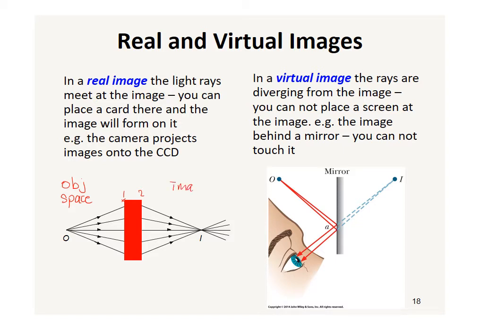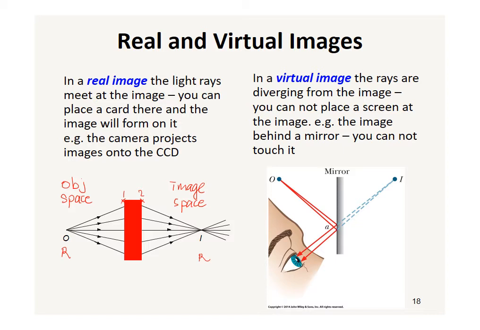And on the other side, we can have our image space. So to the left of interface number 1, we can put a real object, and we can project a real image onto a screen if it's on the right of interface number 2. Both of these spaces, the object and the image space, also have virtual spaces.